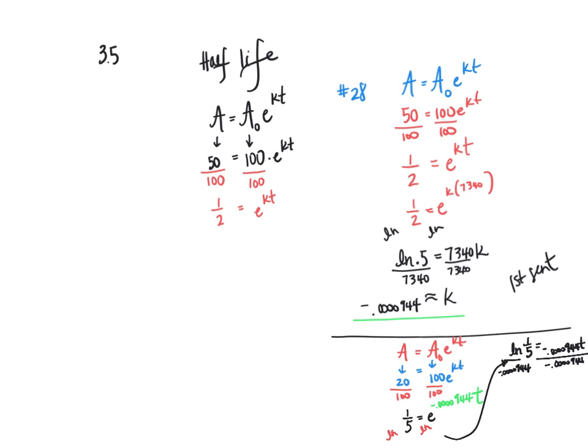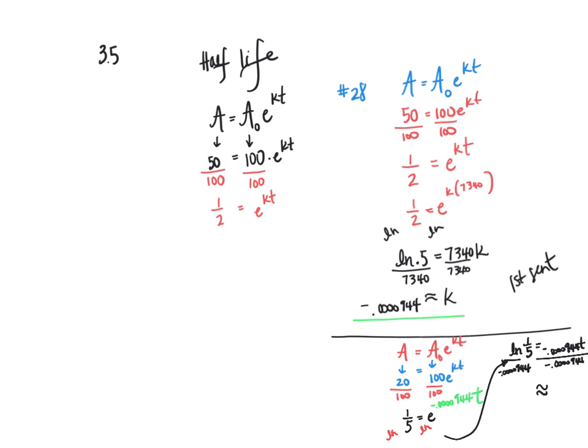You should have your k in there. And now when you type in the natural log of 1/5, or you could do the natural log of 0.2, then you want to divide it by your answer. So you shouldn't have to enter that decimal into your calculator.